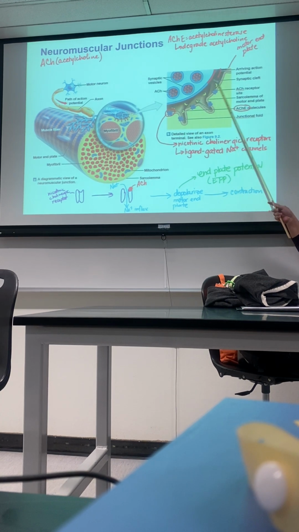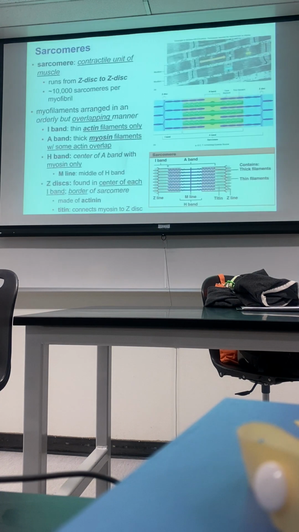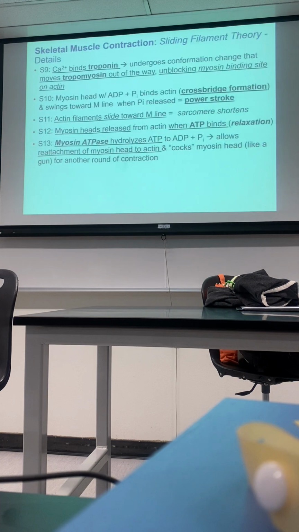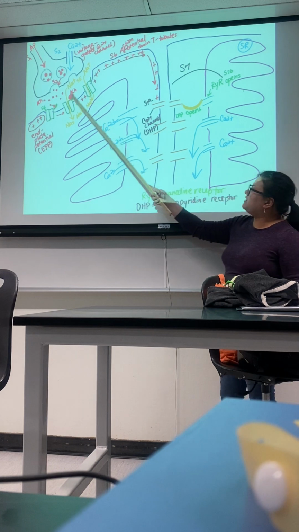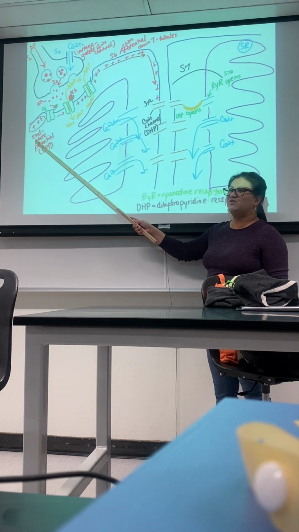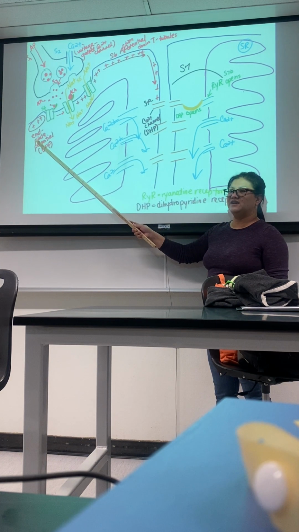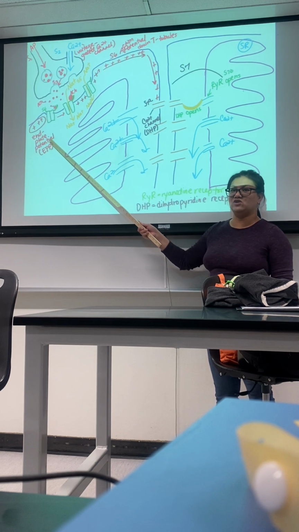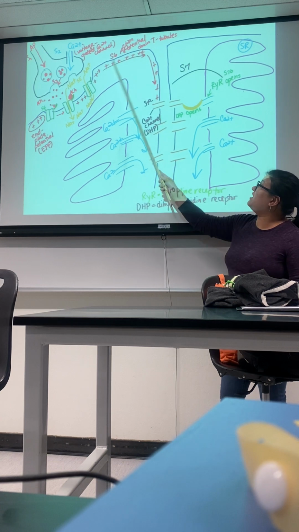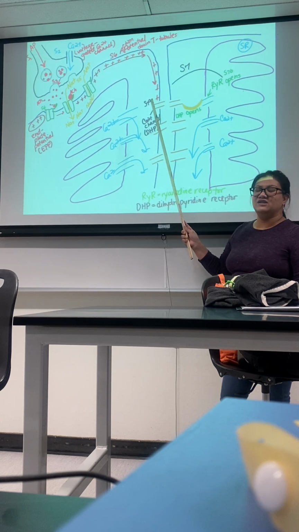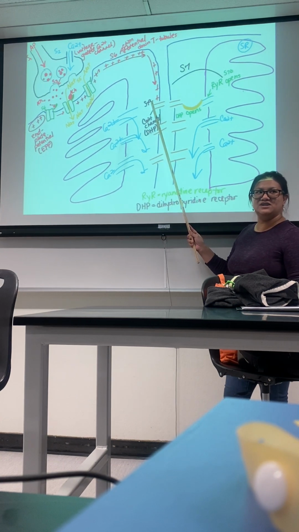If acetylcholinesterase is active, it's going to break down acetylcholine. And if you don't have acetylcholine, okay, I'm gonna ask you, if you don't have acetylcholine, what do you not have on your motor end plate? You don't have an end plate potential. And if you don't have an end plate potential, what do you not have going down? You don't have an action potential going down the T-tubules.